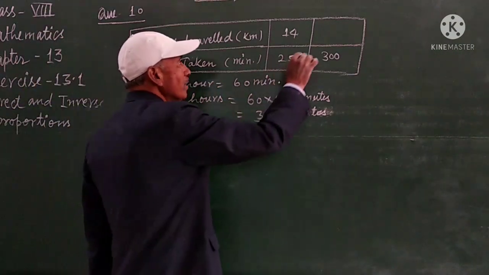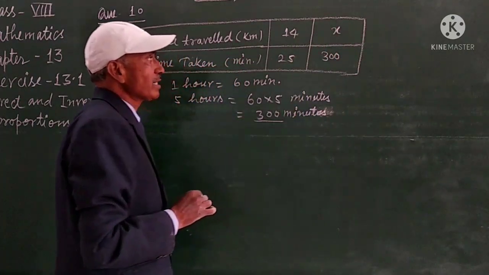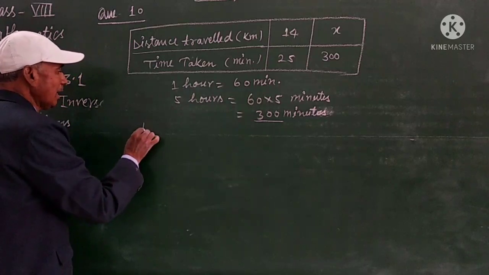And let the distance covered by the loaded truck in 5 hours, which means 300 minutes, be x kilometer.